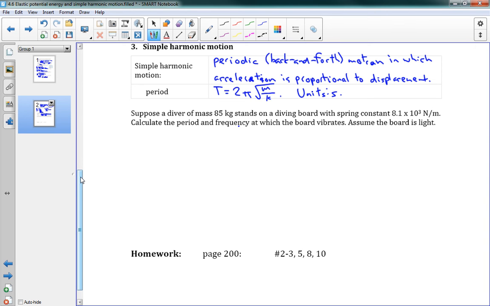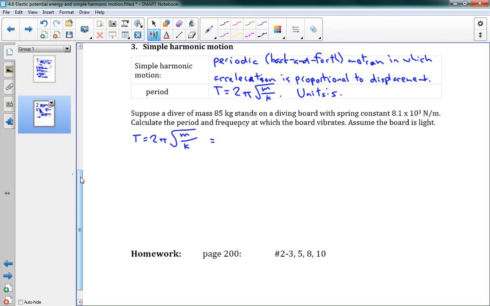Okay, so what do we want to do? We want to find the period and the frequency. So we'll start with our equation for period. 2 pi square root m over k. We know the mass of the person. That's what m is, the mass of the person. And we know the spring constant.